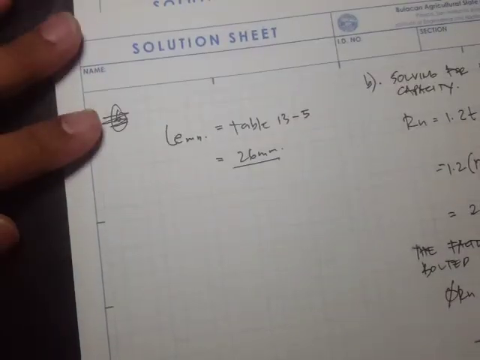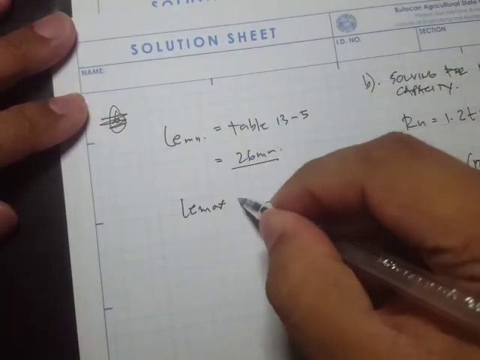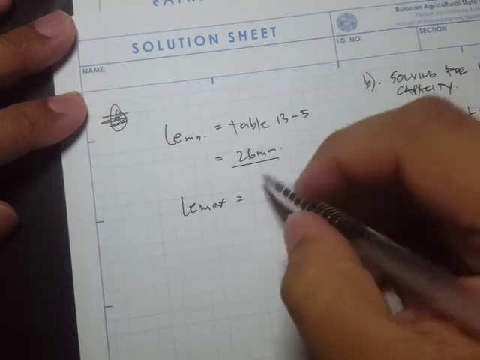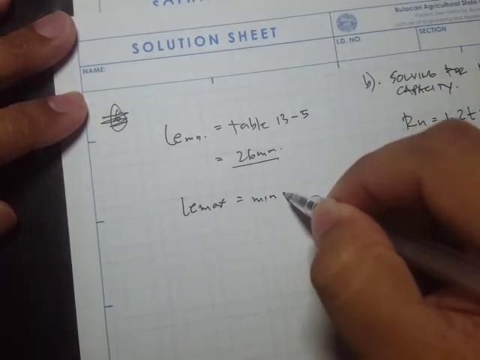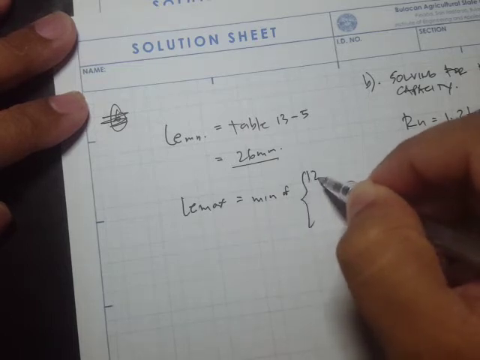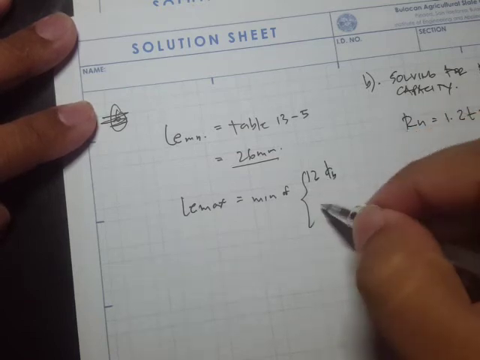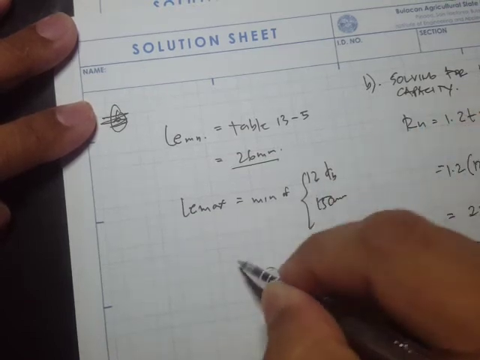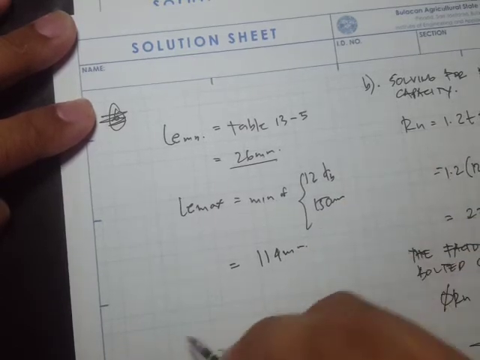Okay, and the next one is the maximum distance, which is the minimum of either 12 times the bar thickness or 150 mm, and we get a value of 114 mm.